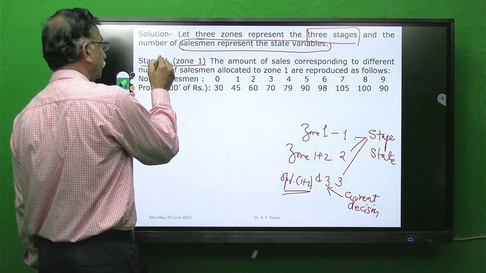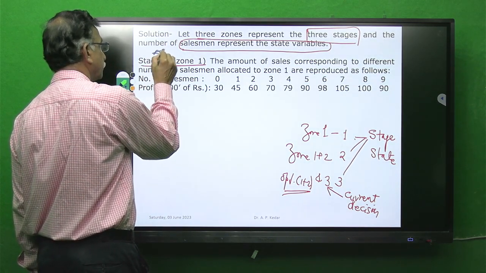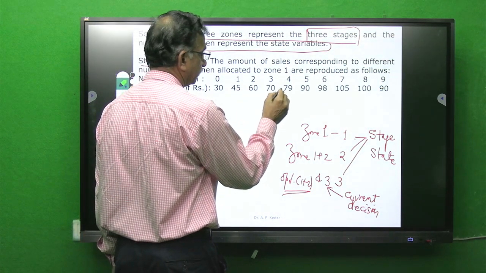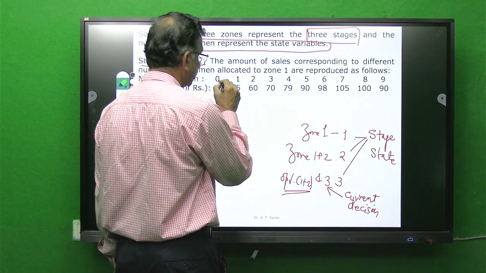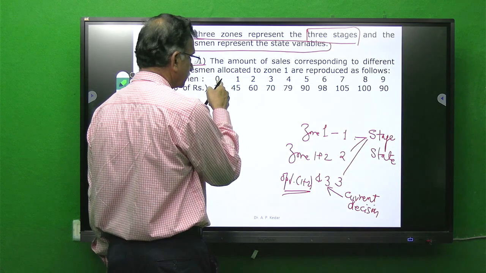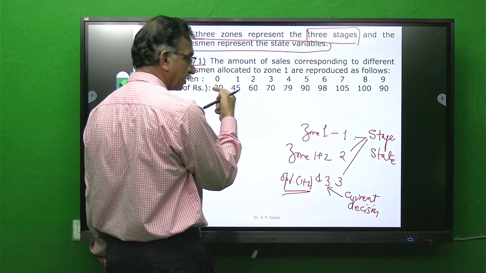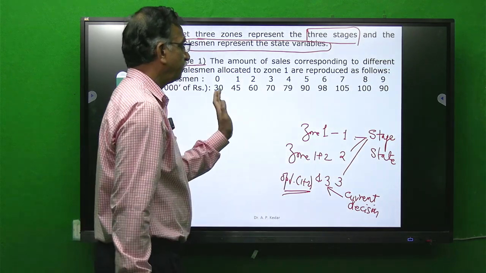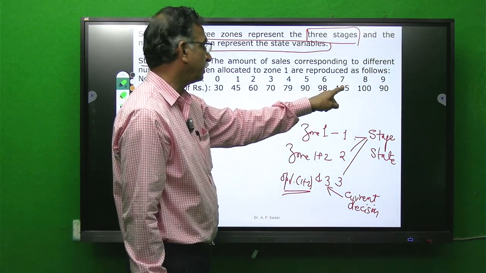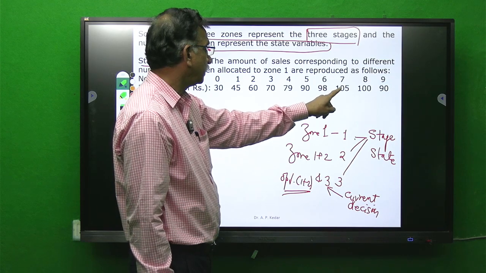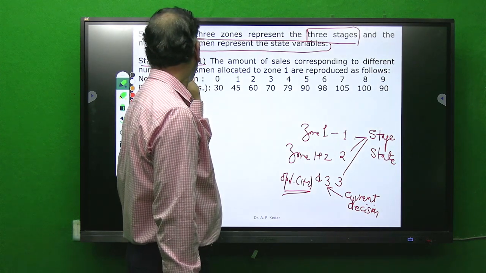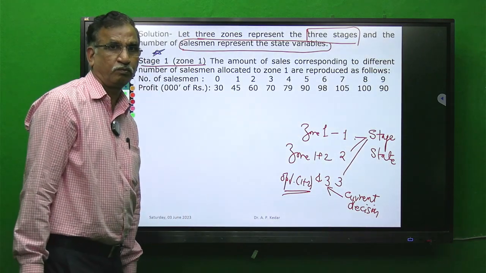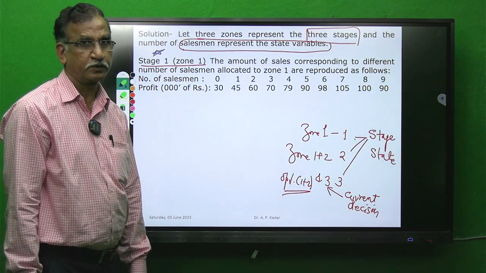So if we go by only this particular stage 1, we can see the maximum value for each of the salesmen and their corresponding profit values will be like this, and we can see the variation. The maximum value is for 7 salesmen, with a value of 105,000.